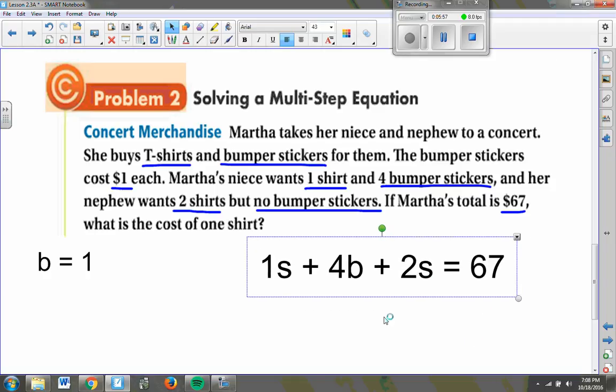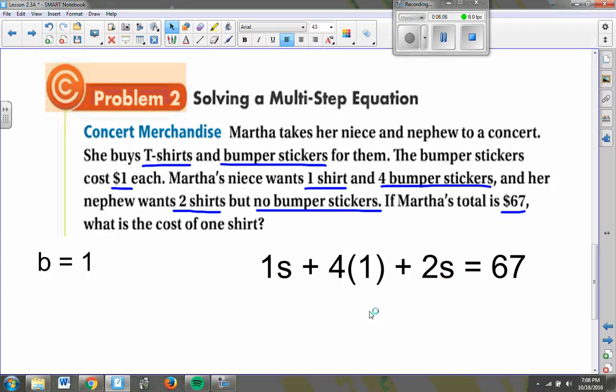Problem is I have 2 variables in here, but I know that the B variable equals 1. So I can just do 4 times 1 instead of 4 times B, because I know that bumper stickers are $1 each, right? So 4 times 1, as we know, is just 4. So I just have a 4 there. And then when I look at the rest of this equation, I notice that I have like terms here and here, 1s and 2s.